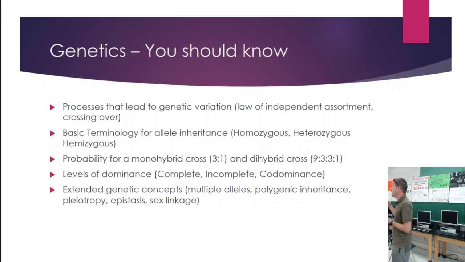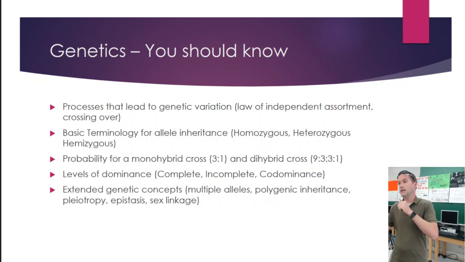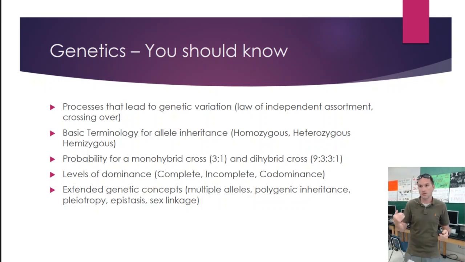Pleiotropy, that's the opposite of polygenic inheritance. Pleiotropy is when you have a single gene that has multiple phenotypic outcomes. So albinism is a single gene mutation that results in changes to eye color, skin color, and hair color, right? And then epistasis is when you have one gene that overrides another gene.